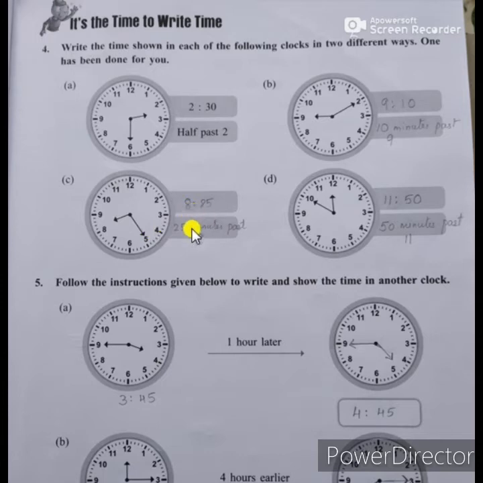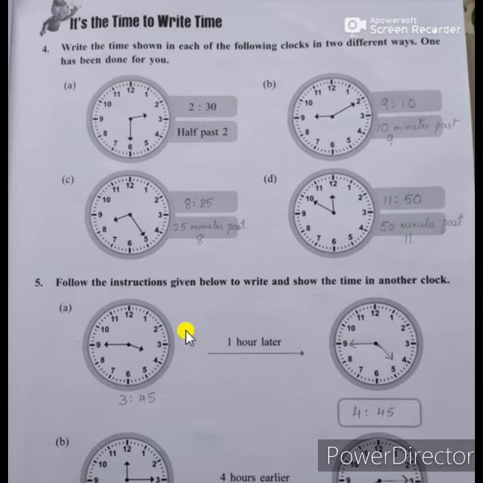We can write 8:25 or 25 minutes past 8 o'clock. Now clock D is showing 11:50, or we can write 50 minutes past 11. Another way we can also write is 10 minutes to 12 o'clock. But we will write it this way only, 11:50 or 50 minutes past 11.